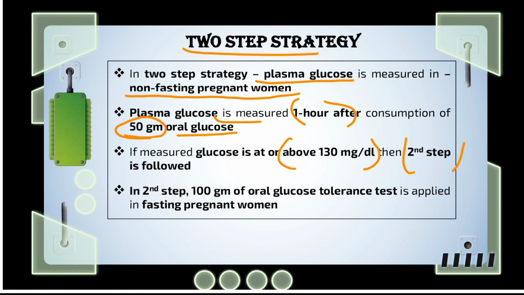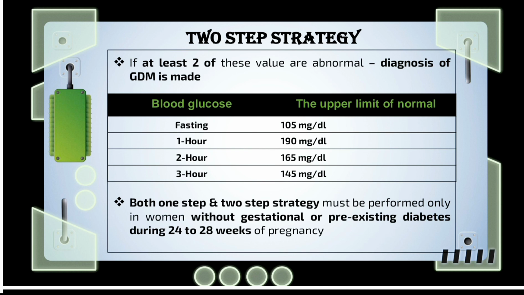In the second step, it is performed among fasting pregnant women, and here the oral glucose tolerance test is performed after giving 100 gram of glucose to such a pregnant lady. For the diagnosis of gestational diabetes mellitus, at least 2 values should be abnormal out of these 4 values.